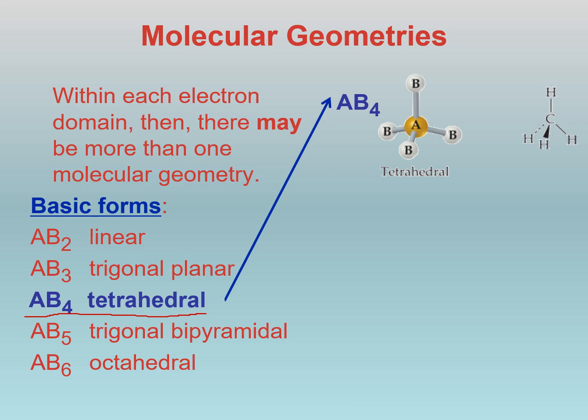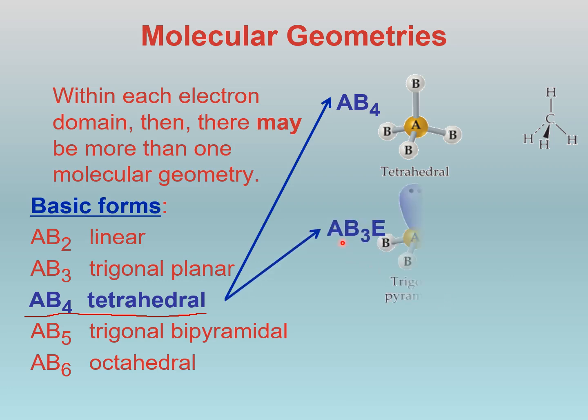These are the possibilities when you have 4 electron domains. You can have this instance where you have 1, 2, 3, 4 satellite atoms. So your electron domain is clearly tetrahedral, and your molecular geometry, what you visibly see, would also be tetrahedral.